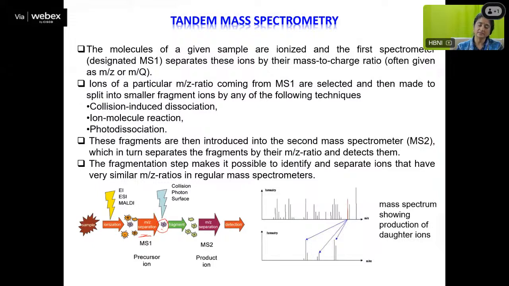Similarly, in the case of an organic mass spectrometer also, when two molecules have the same mass, they can come at the same place when you are doing MS1, the first mass spectrometer. But if those ions are further fragmented, then one molecule may get a fragmentation pattern in a different way than your other molecule.